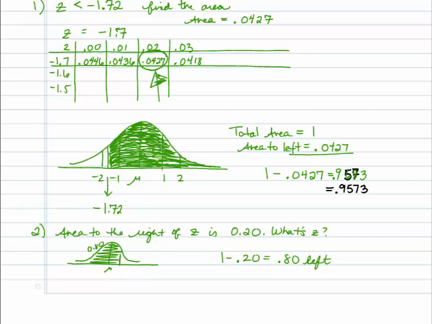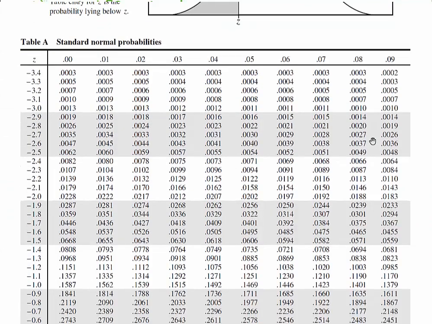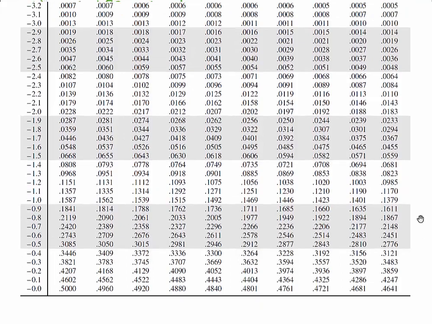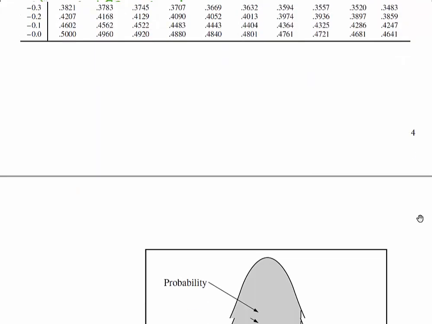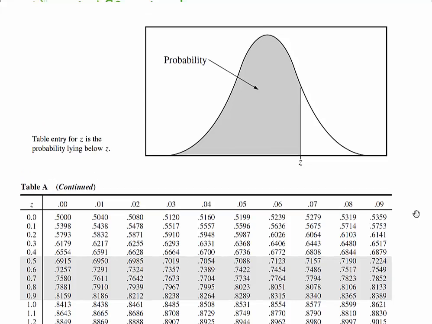So let's look at our chart and see where 0.80 lands. It's definitely going to be on page 5. And what I'm looking for is where I see 0.80.